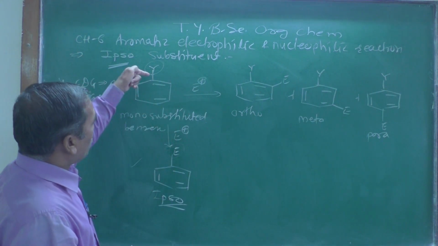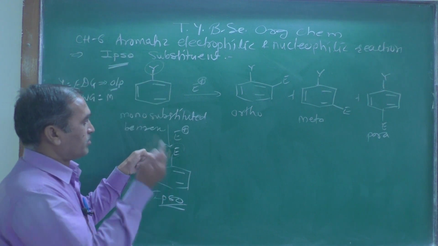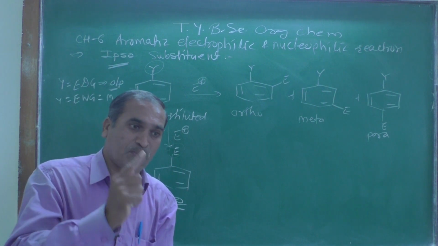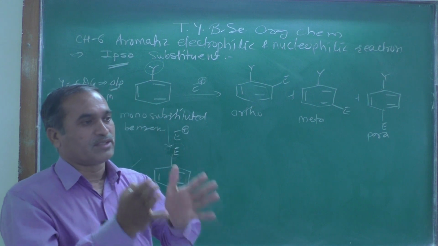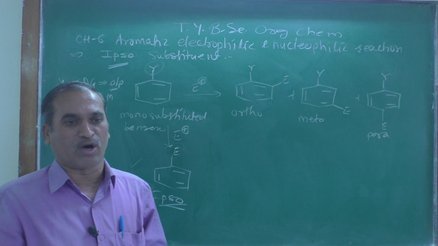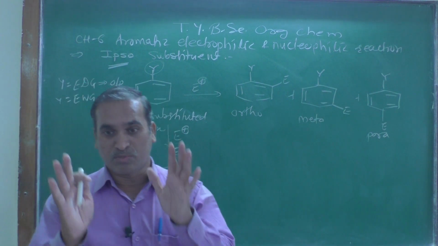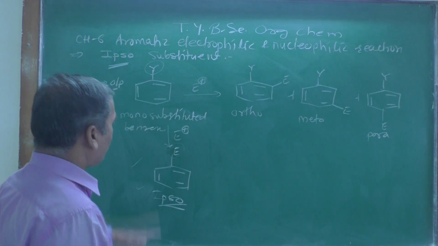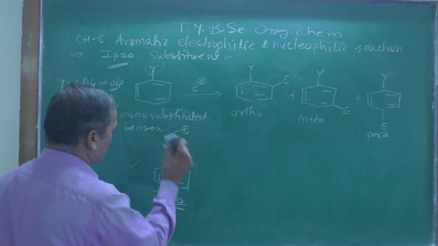On the same carbon atom, the electrophile is attached by replacing that original group. That type of substitution is called ipso substitution.